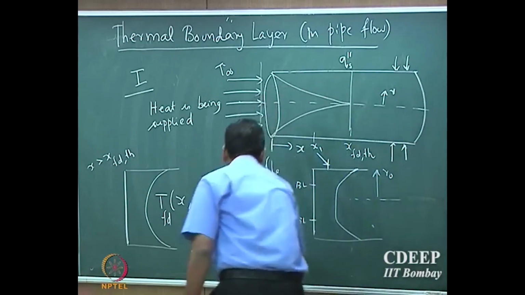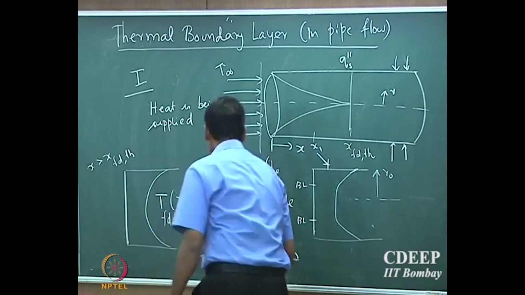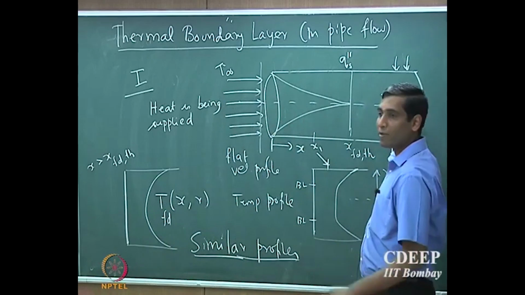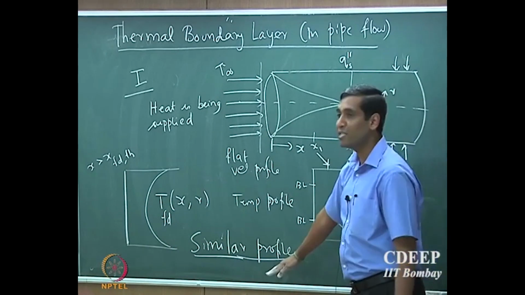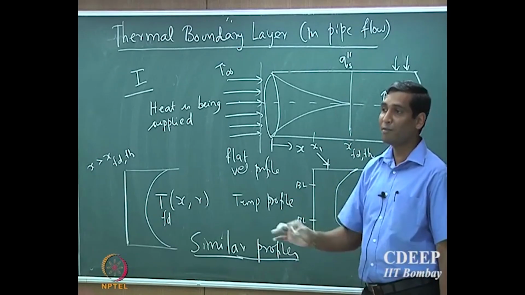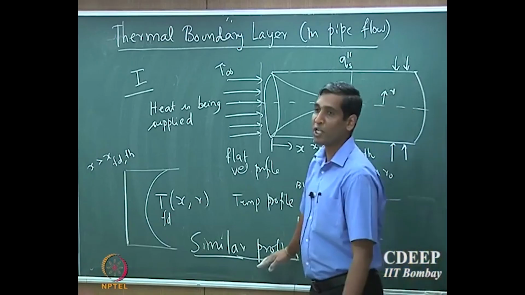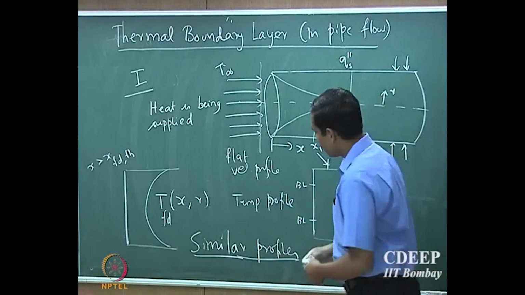So in any location after the fully developed regime in the thermal boundary layer case, you will have similar temperature profiles. Note that they are not the same, it's only similar. So we're going to define what is meant by similar profile, mostly in tomorrow's lecture, okay.